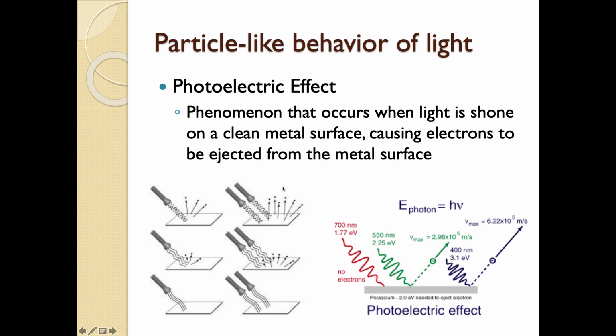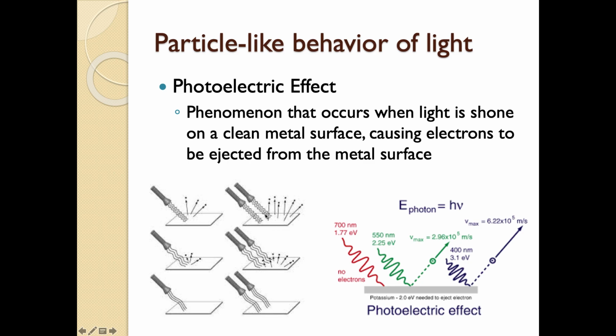If we shine more light, that doesn't actually give more energy to the electrons. Since shining more light results in more electrons getting knocked off, that really means that the light we're shining must have some kind of particle component to it.